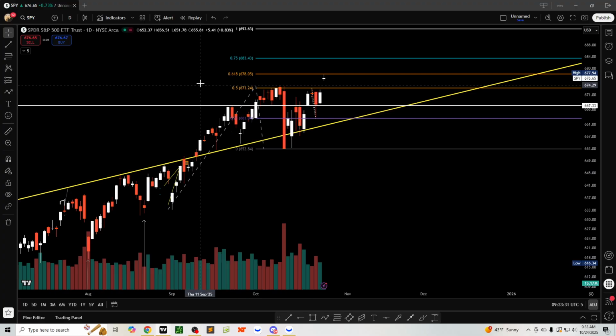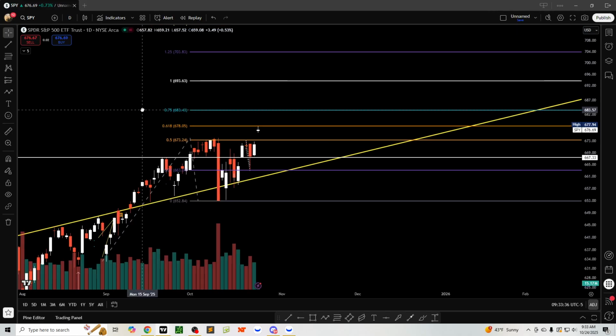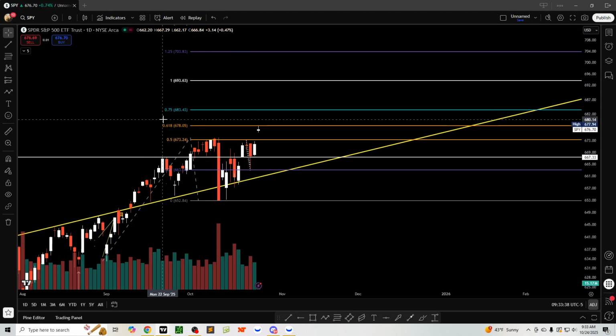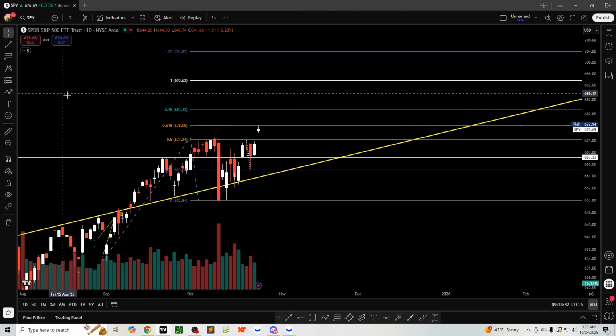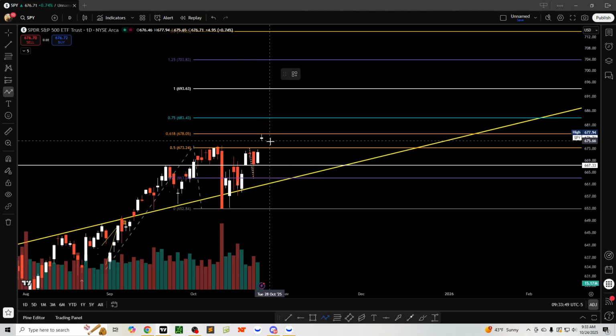because remember, this is a daily trend. So if we get a full daily open and close above this trend line, I have the 0.75 on here just because of the algorithms in general. It could be a little chop area. I don't expect it to be a resistance area. But what does history tell us about the probabilities of fibs?